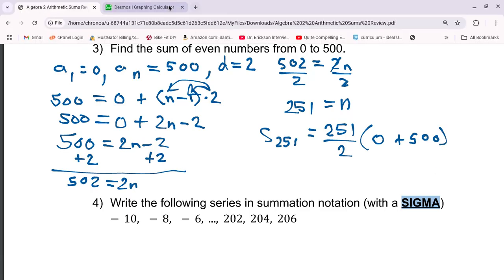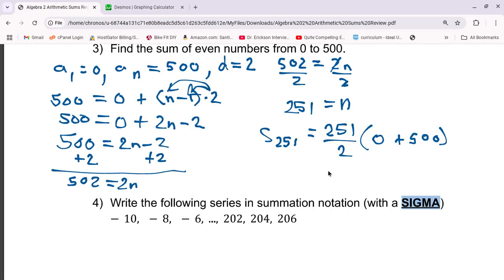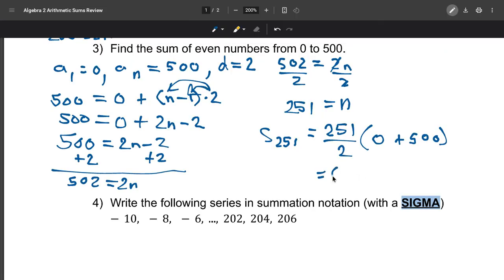So if we go up to our calculator here, 251 divided by 2 times 0 plus 500 is 62,750. So that's the sum of the 251 terms.